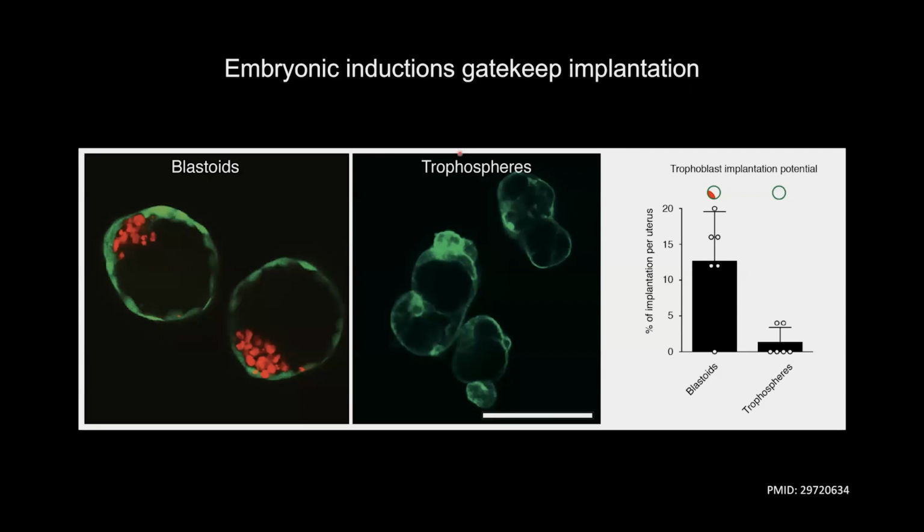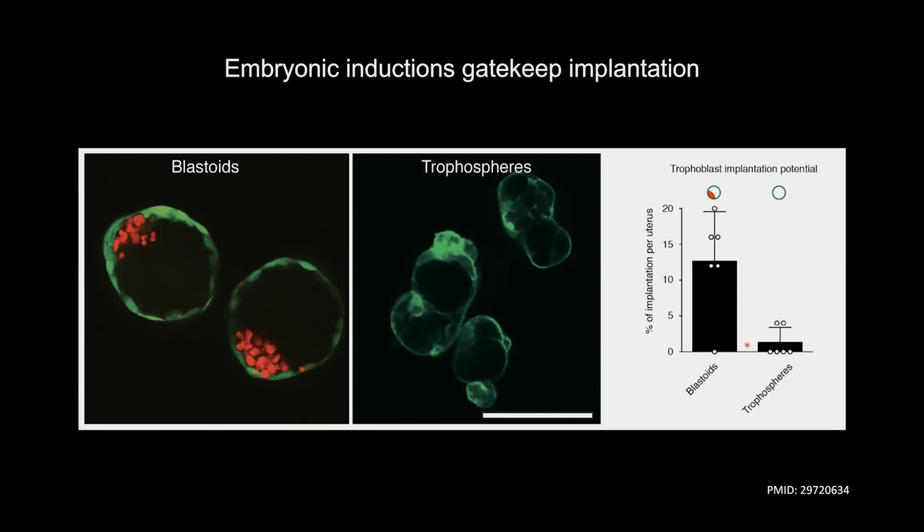So one last experiment that we can do with the mouse is to see if those embryonic inductions are actually necessary for the implantation inside the uterus. So we can transfer them back into the uterus. And what you can see here is that the trophospheres have a strongly diminished potential to interact with the uterus.